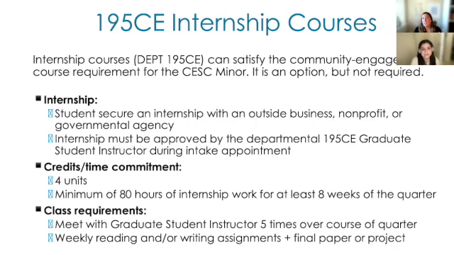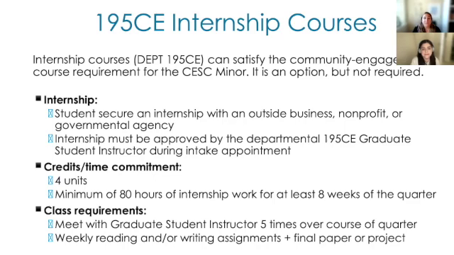And really the first step is to set up an intake appointment with a graduate student instructor for the quarter that you want to do your internship and receive academic credit. And during that intake appointment, your grad student instructor would be able to start the approval process for the course. You create these contract courses on My UCLA. Again, we have step-by-step instructions on our website, so definitely check that out.